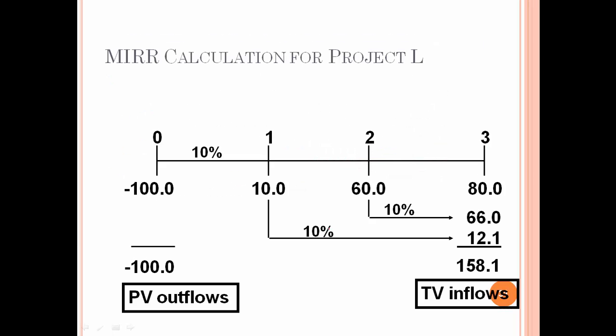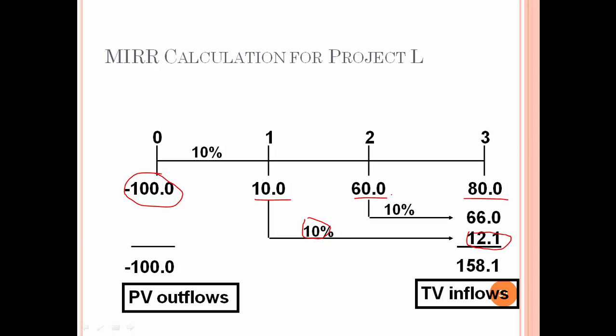If this sounds a little bit complicated to you, we'll explain this calculation for project L on the next slides. Look at the timeline for project L. Initial cost 100, and that is the present value of cash outflows. We do have cash inflows at year 1, year 2, and year 3. Now we assume these cash flows will be reinvested at the WACC of 10%. $10 reinvested at 10% for 2 years, that's why we have 12.1.